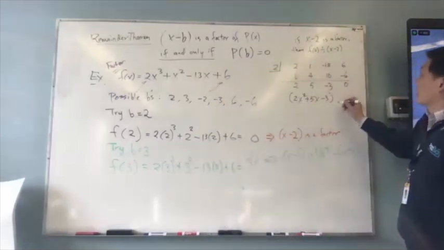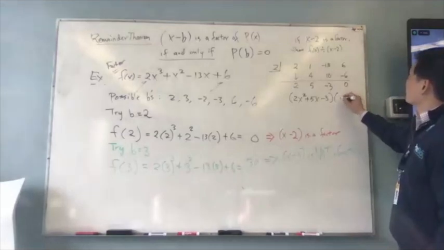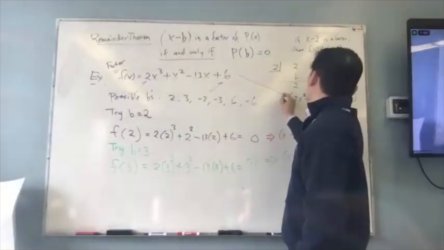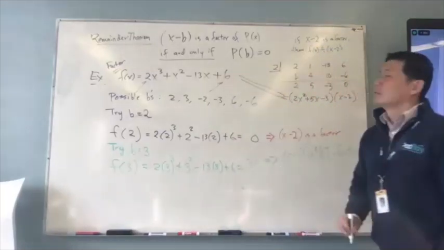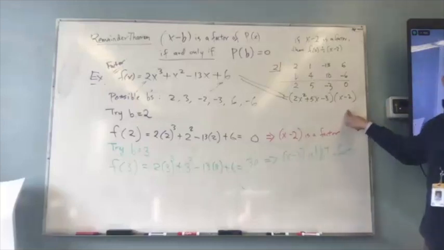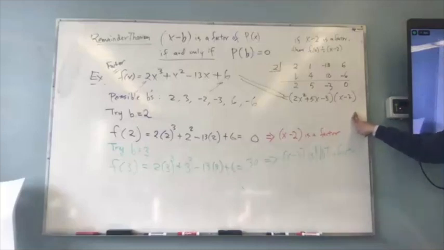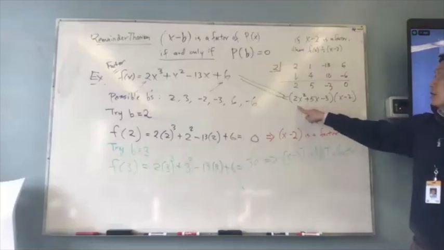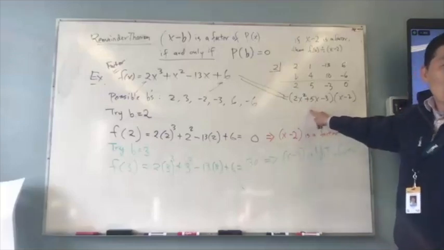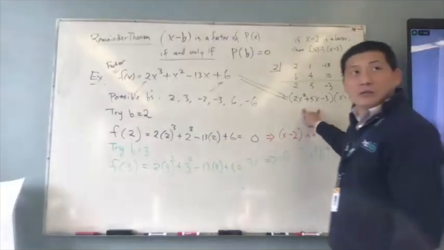In fact, I can say this times x minus 2 is f of x. Do you see how I can prove that x minus 2 is a factor? In fact, I can continue to factor this out. Maybe this is a trinomial.